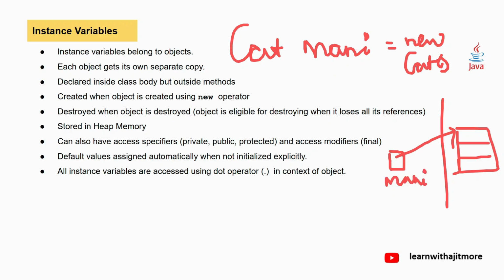Okay? Now, using this money variable, which is holding that reference, you can access these instance variables using the dot operator in context of that object. You'll write money dot breed, money dot color, money dot height. That way. All instance variables are accessed using the dot operator in context of an object.